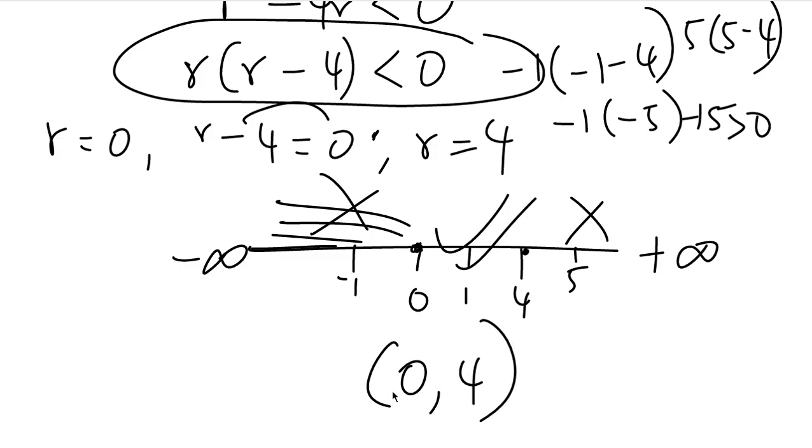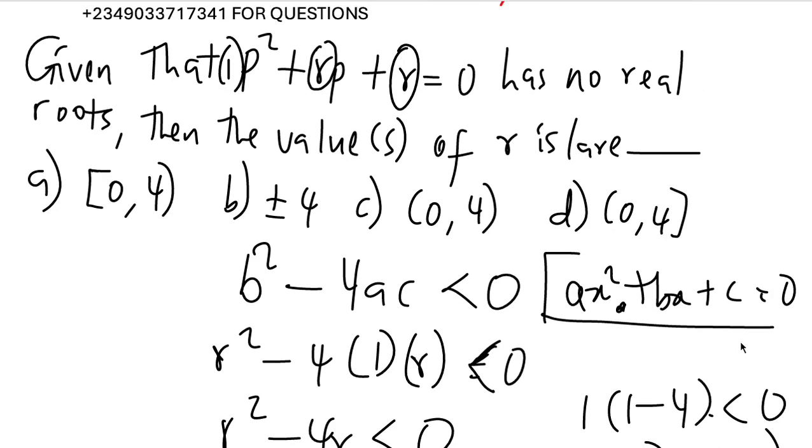We are using parentheses because 0 and 4 are not included. We are only looking at values in between 0 and 4. If 0 was included, it would be a square bracket, meaning starting from 0, and we are not including 4 because 4 is in parentheses. Do you understand? So from this question, the correct answer is option C.